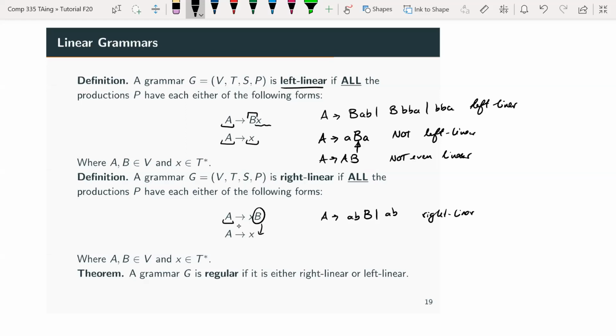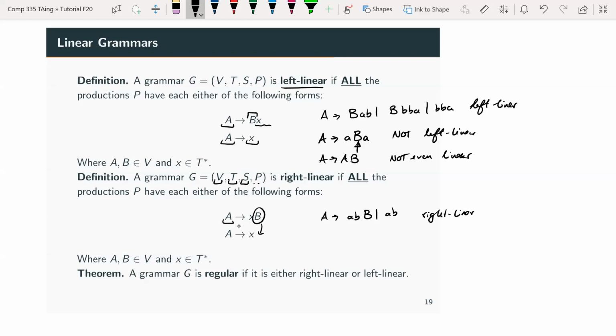Of course, I'm forgetting to say what the variables and terminals are, just for the sake of time. But in general, if you want to be correct, you should specify what the variables are, what the terminals are, and so on. But here I'm just giving you the production rules.